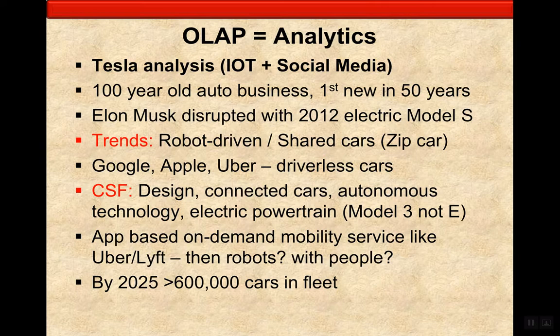A couple of things it focused on: this idea of self-driving cars, shared cars, Zipcars, and adding compute capability into automobiles. We see more of that now, but the focus of this, especially, is the car as a technology platform.